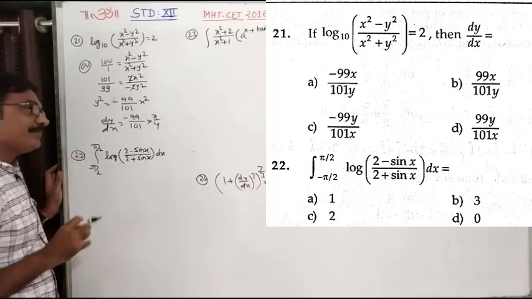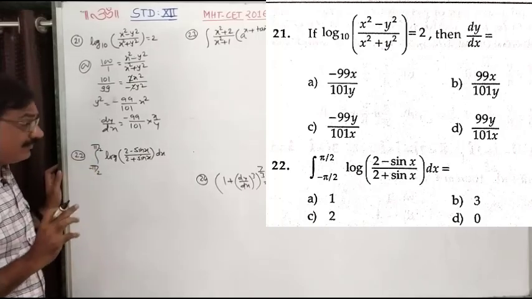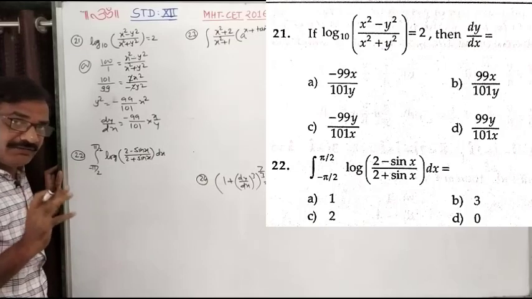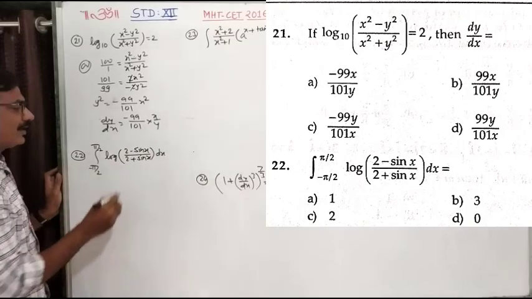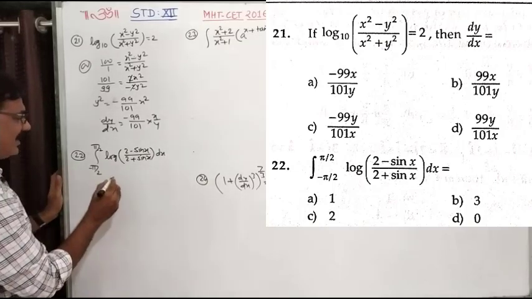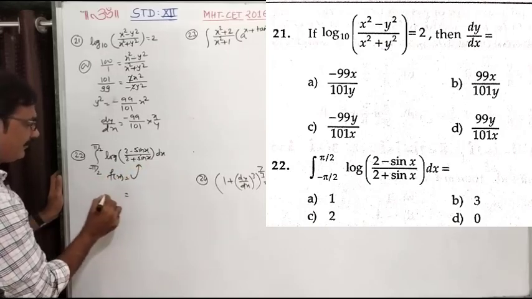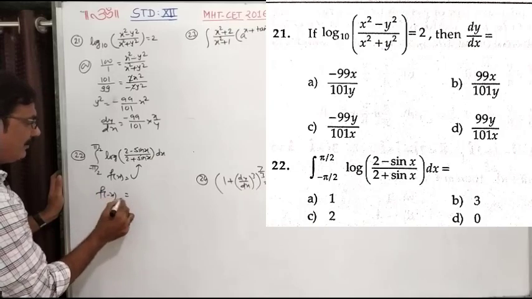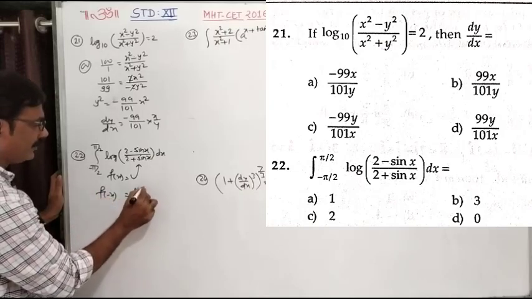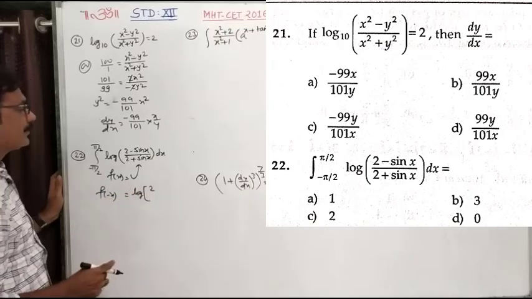Look at this. Minus a to a. You have to think whether the function is odd or even. So for that we just check. This is your f of x. F of minus x. Log of 2.